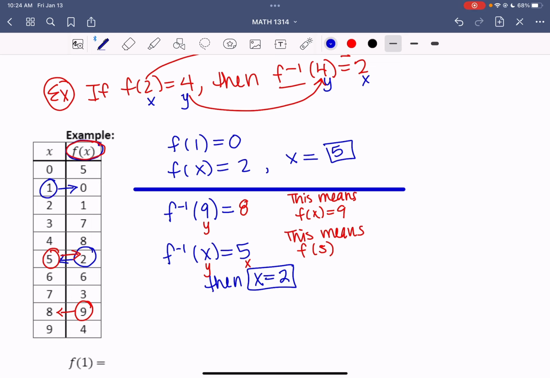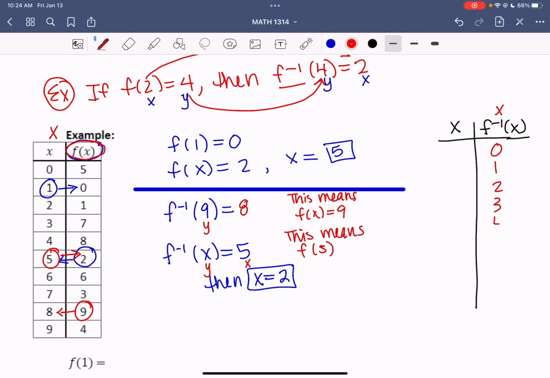It can be kind of confusing to read it on a table that only has your x and f of x values. So if need be, you could rewrite and create a table just for f inverse. Remember when we just said that the x values of your original become your f inverse values?